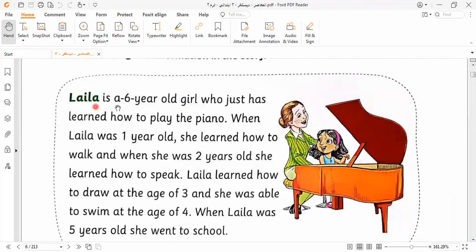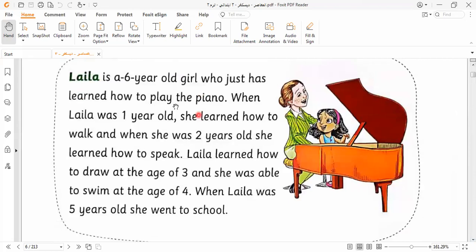Layla is a 6 year old girl who just learned how to play the piano. When Layla was 1 year old, what was she doing? So we have a timeline here. She learned how to walk. So at 1 year, learned how to walk.